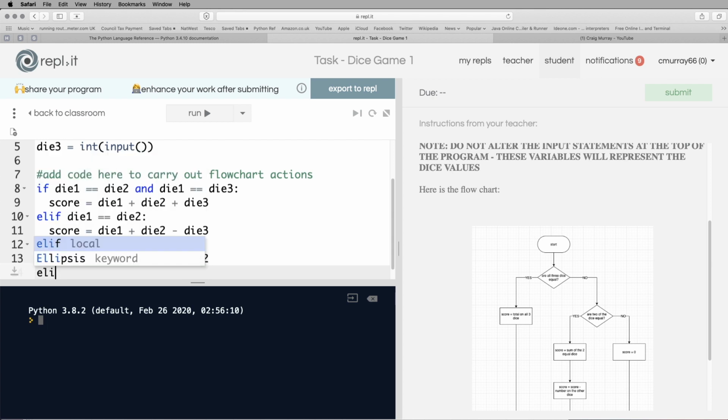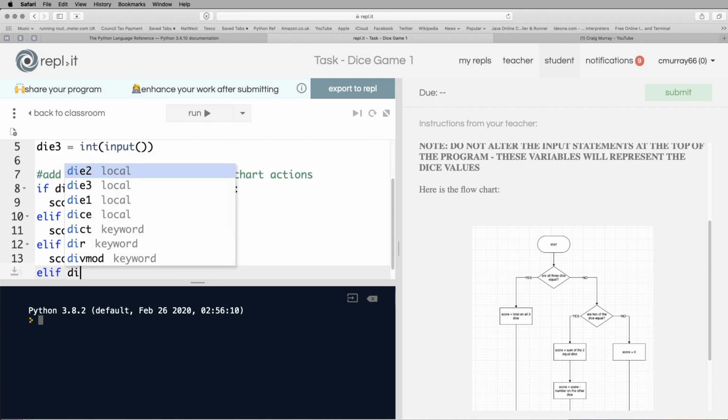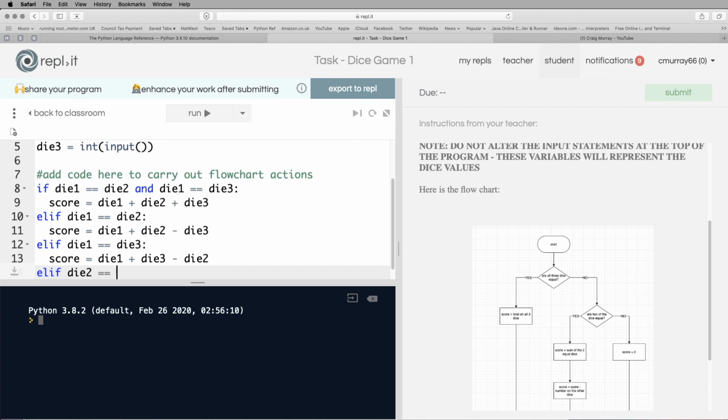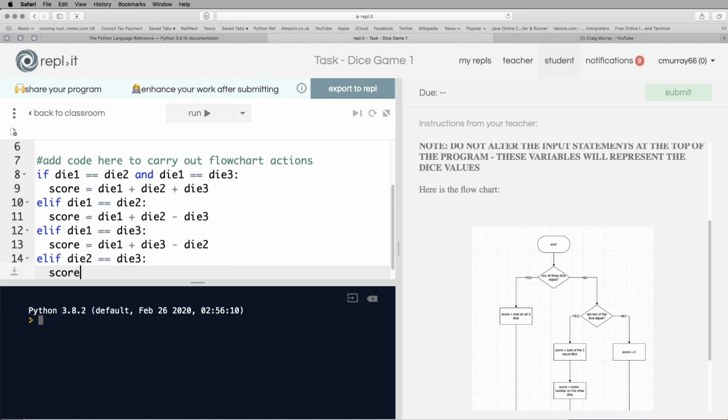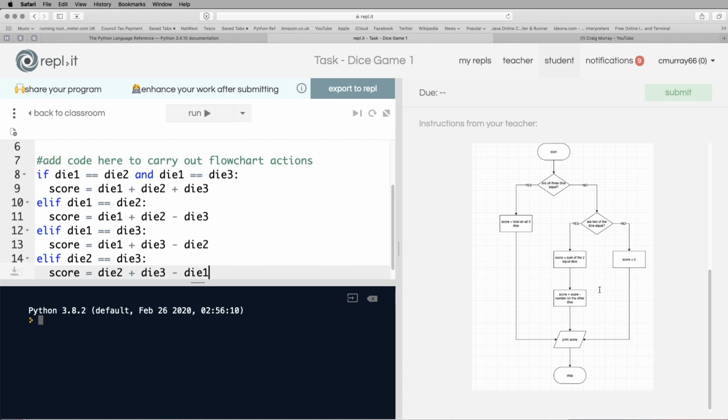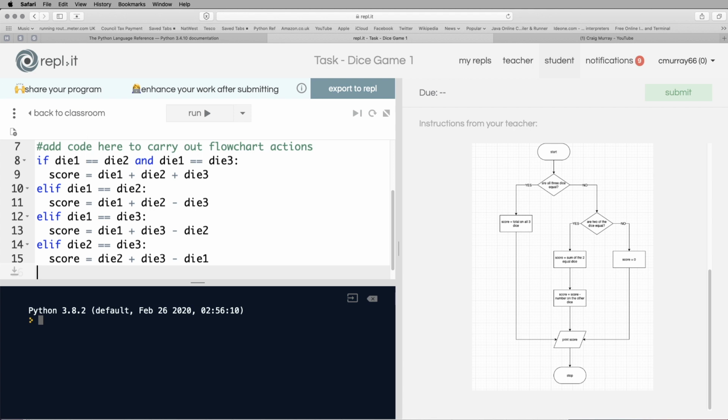And then the final possibility, 3 possibilities here, if die 2 is equal to die 3, then the score is equal to die 2 plus die 3 minus die 1. I'm doing the minus die 1 and so on because on the flowchart, if 2 of them are equal, then it's equal to the sum of those 2 dice minus the other one. And so that's catered for all of that.